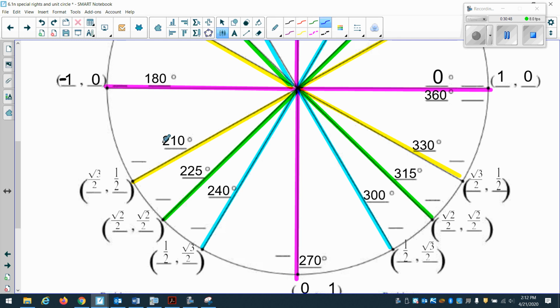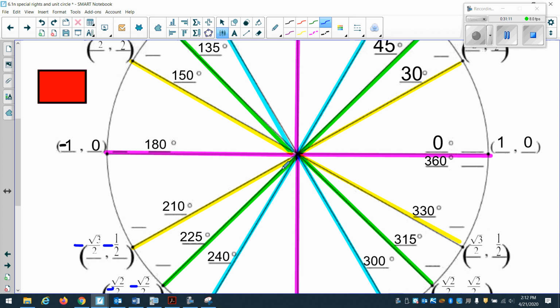However, in this case, what happens to x and y in the third quadrant? They're both negative. So tack on negatives here. Negatives for 225, same angle as 45 degrees. And tack on negatives for 240. Again, similar to 60 degrees. So just follow the lines because that will help you.